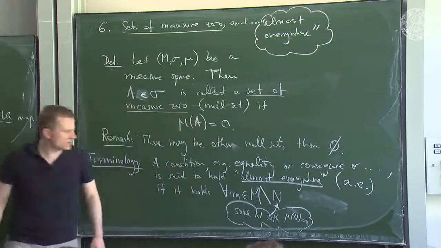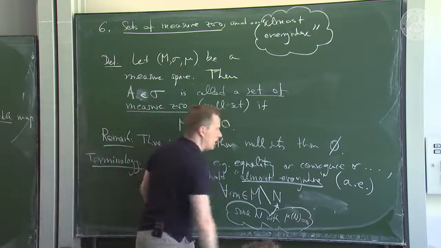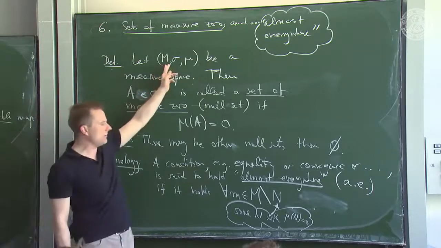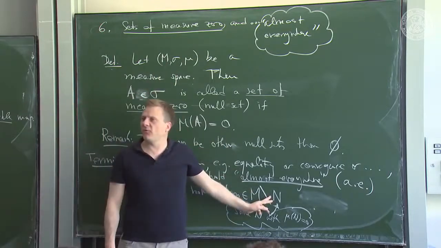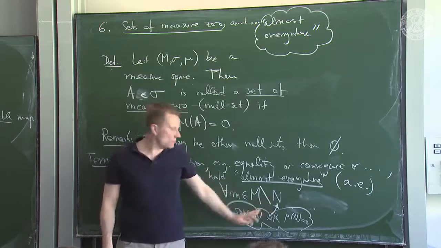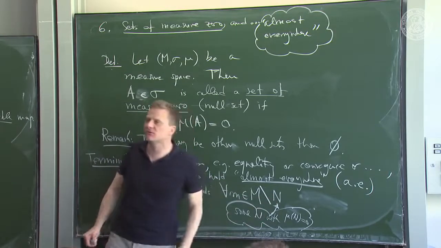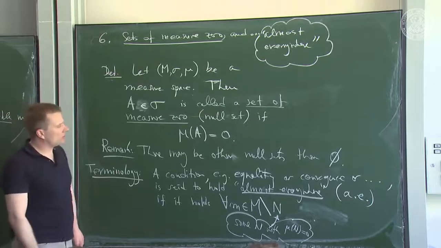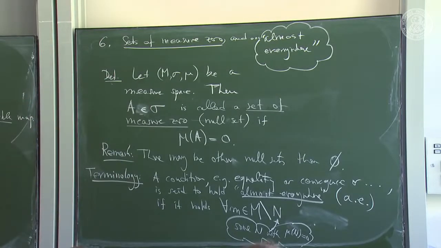So that means a condition is said to hold almost everywhere if it holds for all elements of the underlying set M, except for some elements which, however, together must constitute a set of measure 0. Then it holds almost everywhere. And so we have equality almost everywhere.